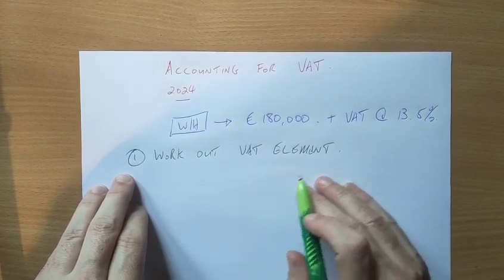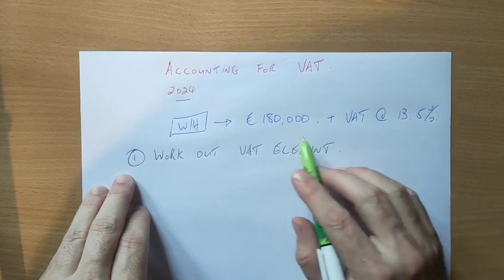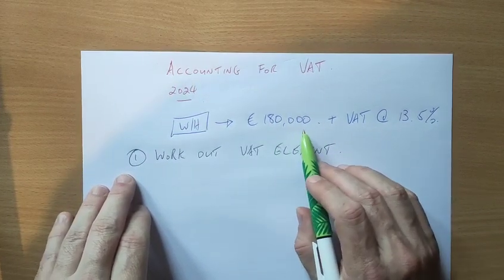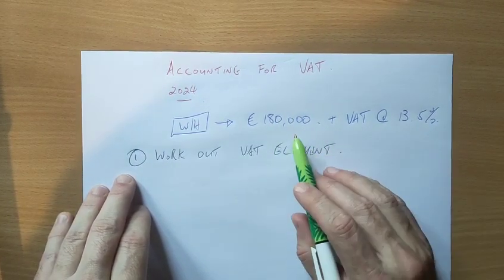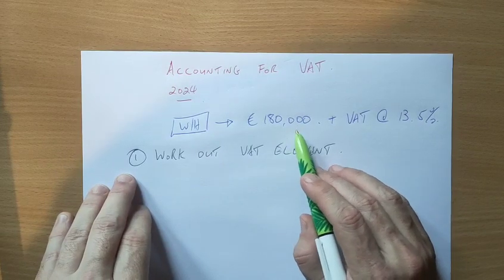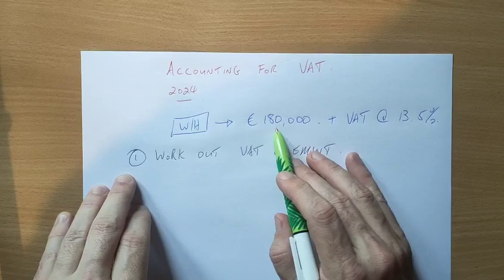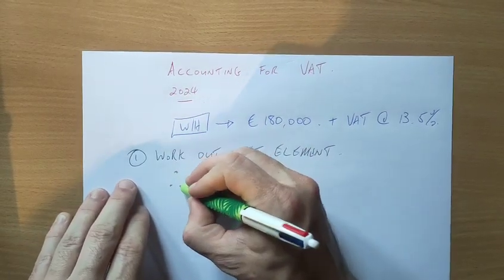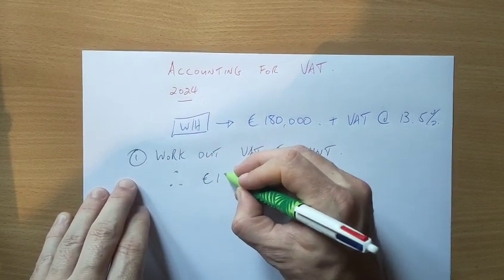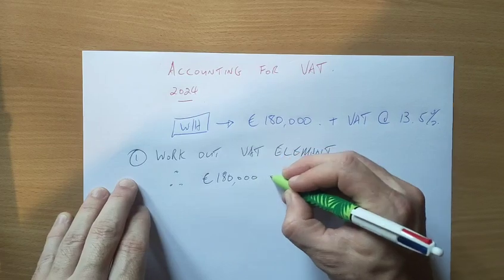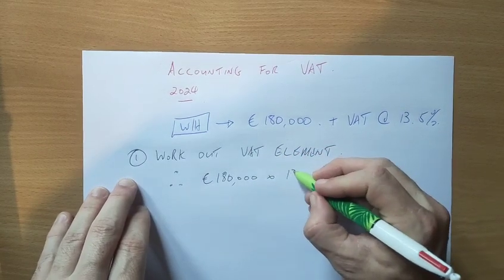In this case, we have 180,000 plus VAT at 13.5%. This 180,000 doesn't have the VAT included in it, so what you need to do is just get 13.5% of it. So therefore, it'll be 180,000 by 13.5%.